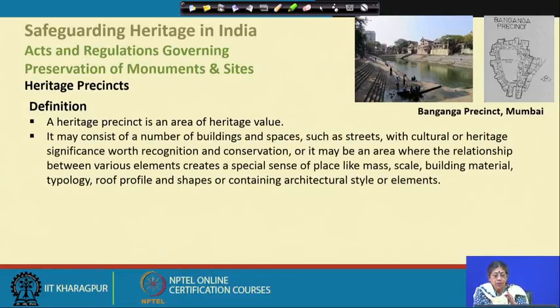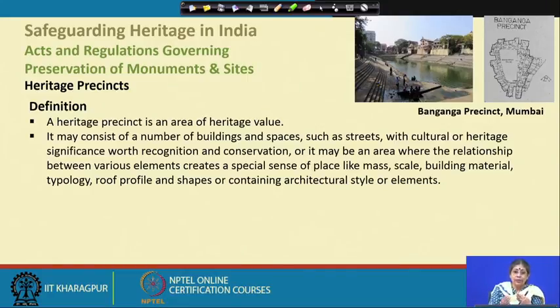It may consist of a number of buildings and spaces such as streets with cultural or heritage significance worth recognition and conservation, or it may be an area where the relationship between the various elements creates a spatial sense of a place, like mass, scale, building material, typology, roof profile and shapes, or containing an architectural style. It is a large gamut.